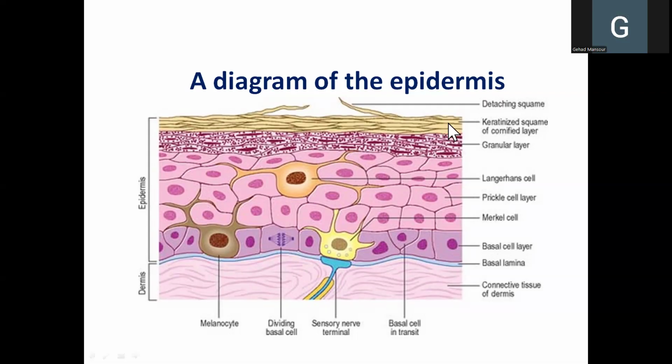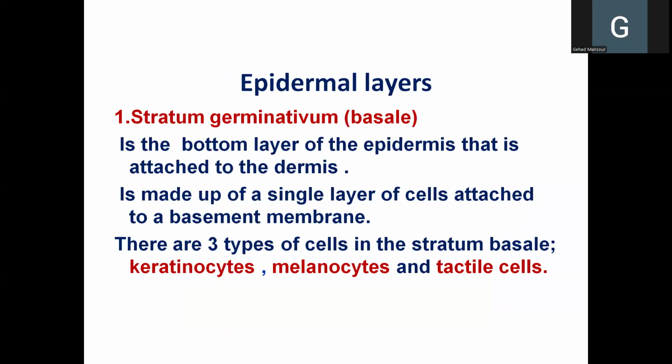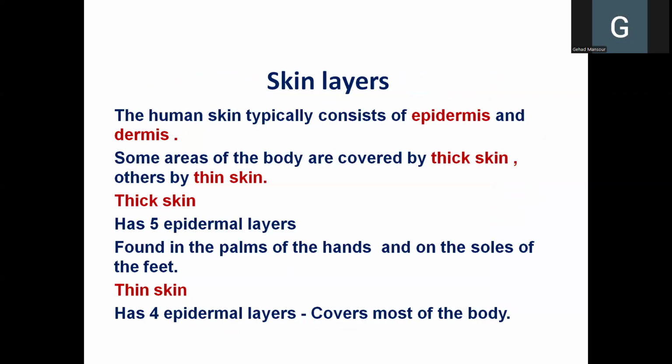We will be discussing all this in full detail. I have listed the names just to show you that the epidermis itself consists of at least 4 layers. And this is what the slide says.